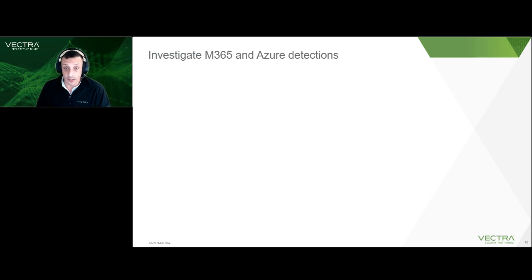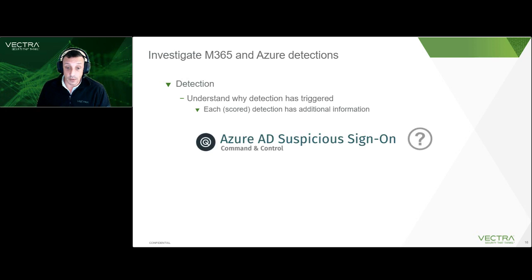Now, each scored detection within the platform will have the ability to gain further understanding of why this has triggered. As a high-level overview, some possible root causes may be indicated to us. We can see the detection and understand why it is triggered. And we also have the ability within a detection to see the detection type and category.